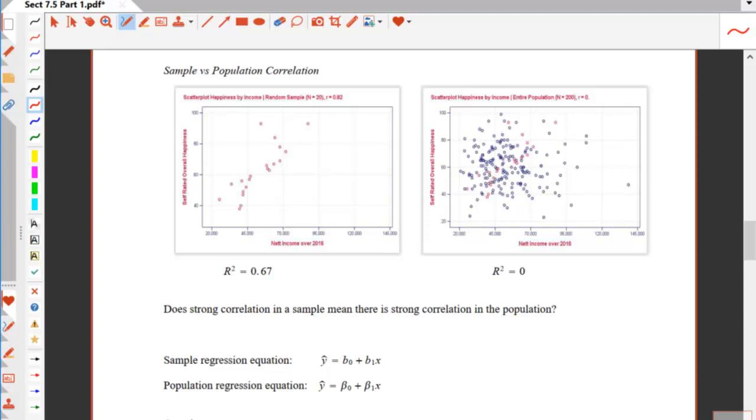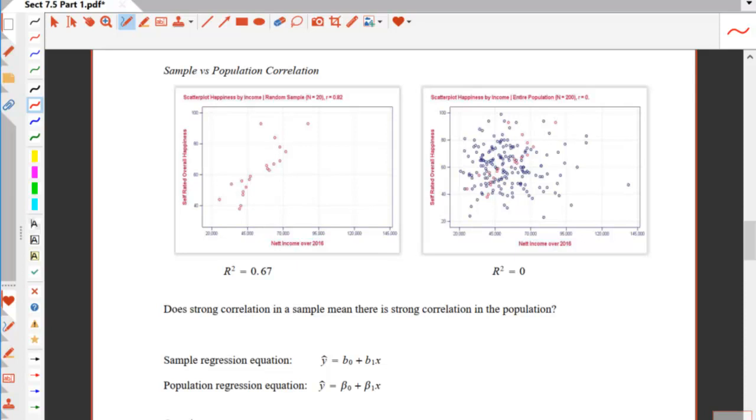This can happen in life, that there's almost no correlation in the population, but just by luck of the draw, I happen to get the maroon colored dots which have this pattern by themselves, and then I think that there is correlation. There is correlation in the sample, and I'm tempted to think it would be in the population.